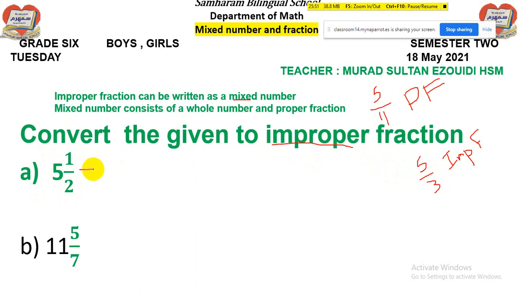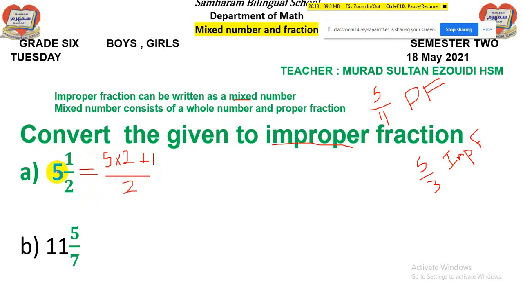Look how to do this. I will make 5 multiplied by 2, then plus the remainder. The remainder is 1. All divided by the divisor, which is 2. This 2, you see this 2, don't change the denominator value, write it as it is.